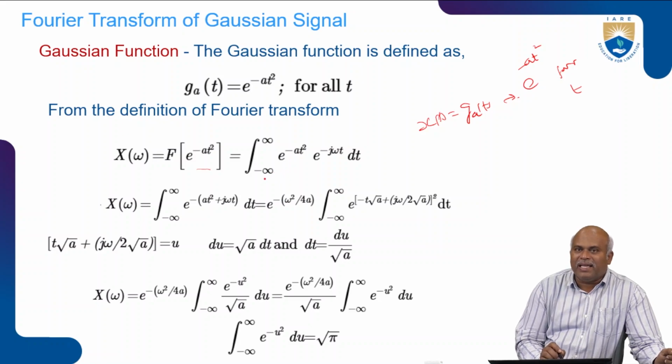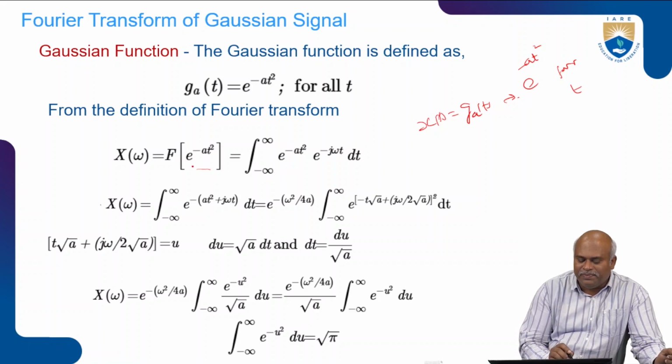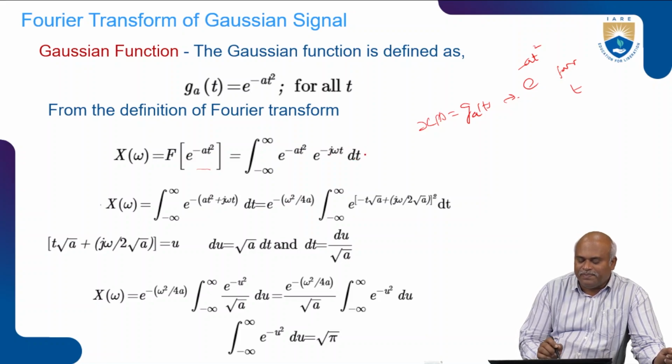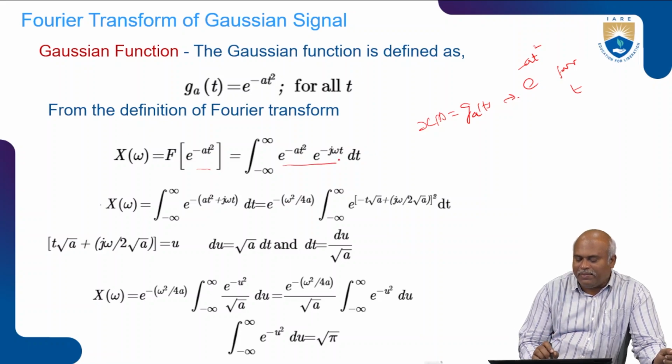That is the integration from minus infinity to plus infinity of e power minus a t square into e power j omega t dt. Now we need to simplify both of the e power terms. So inside the integration, X of omega equals the integral from minus infinity to plus infinity of e power minus a t square plus j omega t dt.